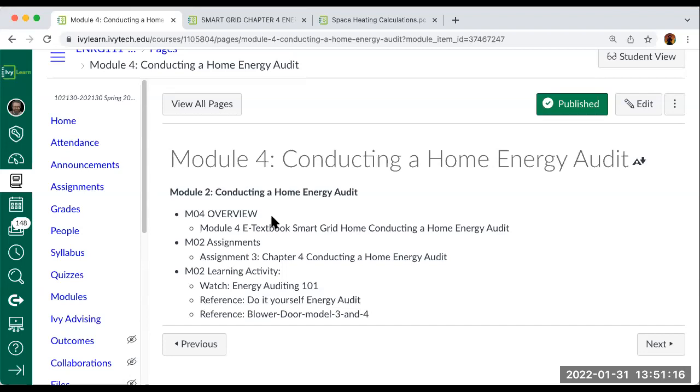A lot of utilities have positions open also for energy auditors. So if you're looking at doing energy auditing, you might look at Duke Energy, where they'll send people out to do energy audits at people's homes. Other states, they may do something where you have to be a BPI certified energy auditor. And that is something that you can get. You can take that test.